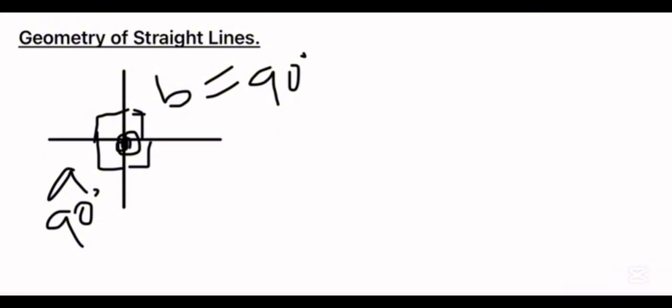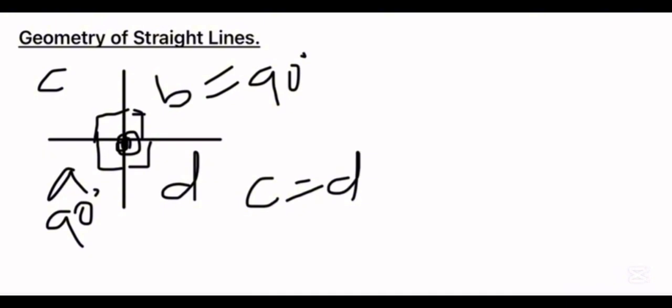Same thing as angle C and angle D. Angle C is equal to angle D because they are vertically opposite angles.